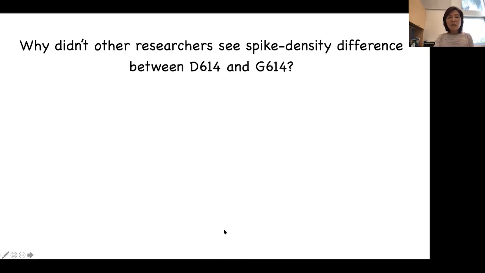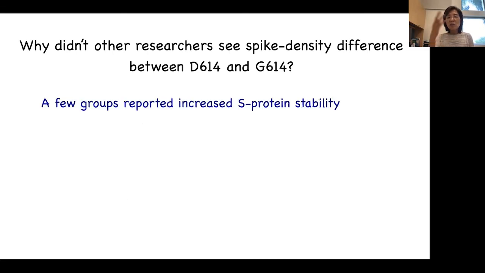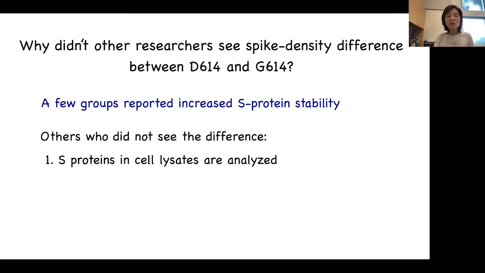So why didn't other researchers see the spike density difference, or higher S1 and reduced S1 shedding with the G? And they were all published in a high-profile journal. As a matter of fact, a few groups reported increased stability, but they were all published in not very noticeable journals.